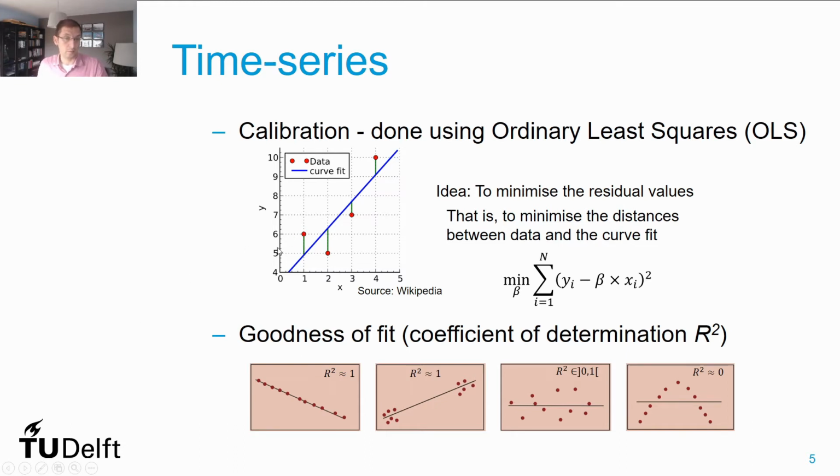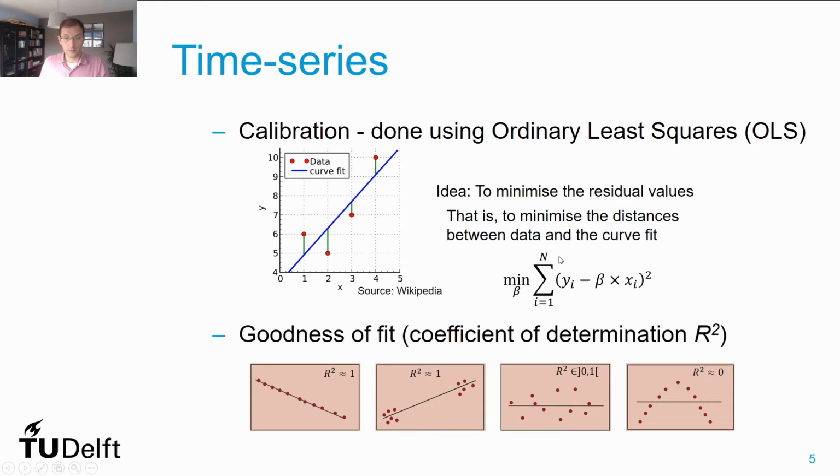For instance, in this figure we have the data points in red and our prediction given a specific calibration value. We have a difference between those values at a given moment, and we're trying to minimize this difference, which we call residual values. These are represented here in green.